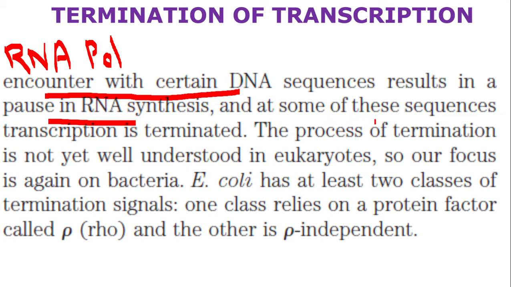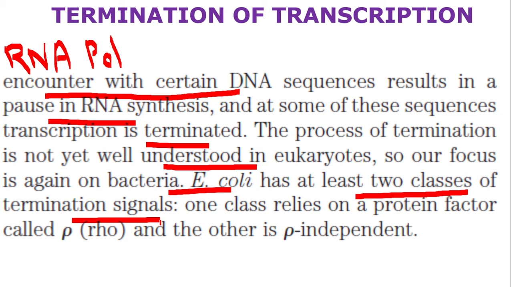And at some of these sequences, transcription is terminated. In eukaryotes, actually the technique is not that clearly understood, but in prokaryotes, minimum 2 types of termination signals have been identified.